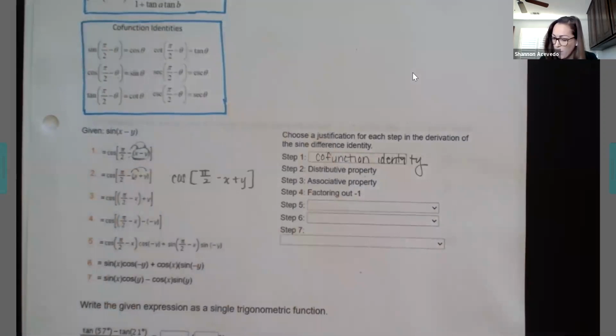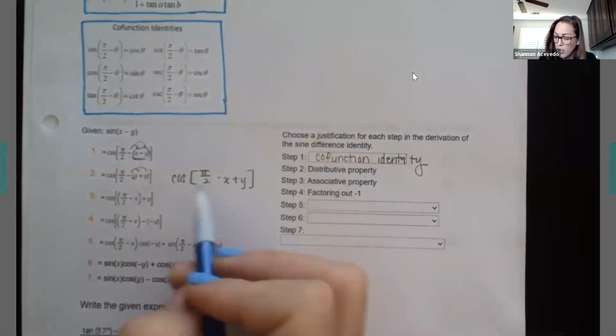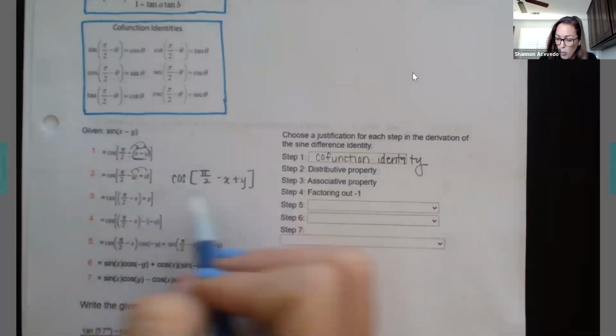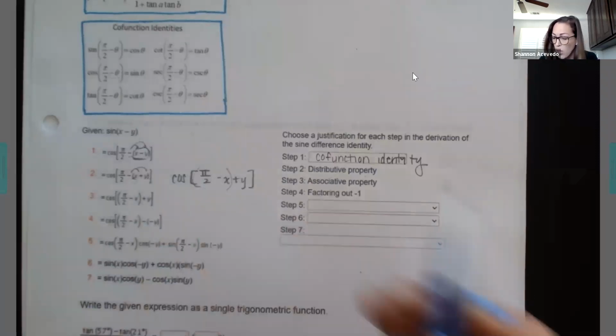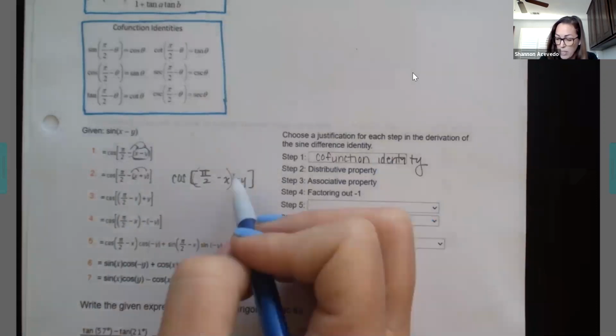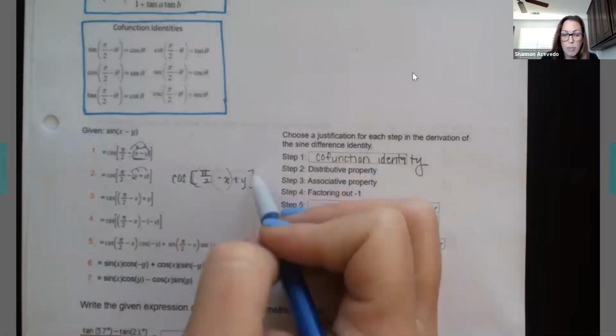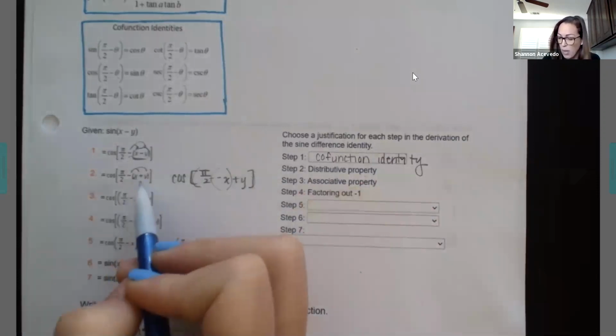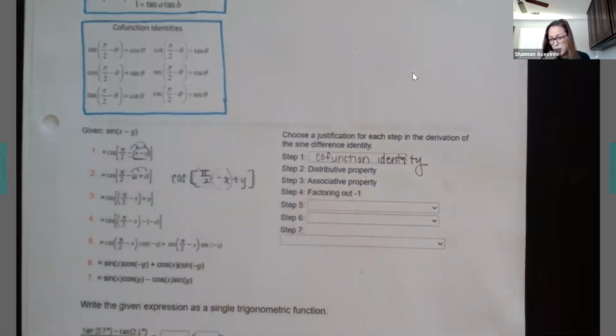How are they going from here to here? They're having you look at this and see that you can regroup. You could group it like this, or in parentheses here, but then this should have been written as a plus in between. The way they wrote this, it would make it a negative, and then this would put it back to your negative. I don't really like how they grouped that, but that's okay, we can work with that.